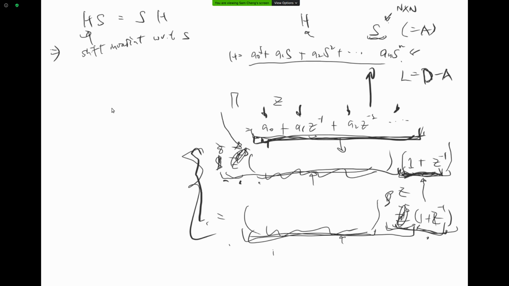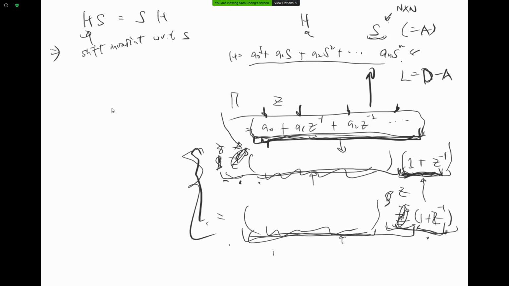And it's actually both a necessary and sufficient condition in classic serial processing. So if I have a filter that is shift invariant, then I will be able to write it down with this polynomial representation.